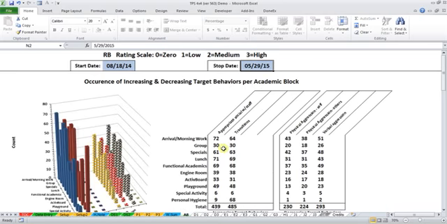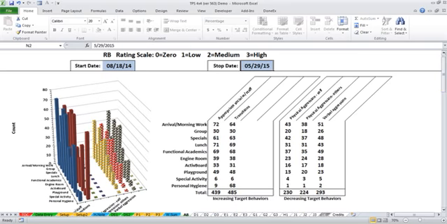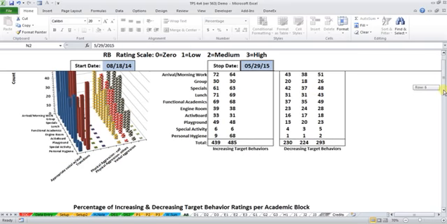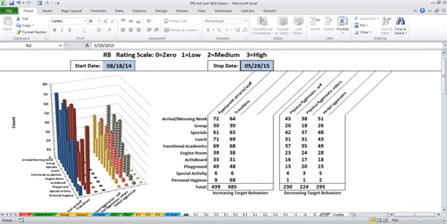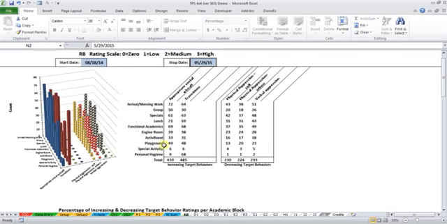And that style is a tabular style with the graphic 3D presentation, which I really do like because it's so colorful and pretty. I'm trying to balance it there. Let's make it just a little bit smaller. Too small to read clearly, but these are the increasing behaviors right here, and these are the decreasing behaviors, and here are the academic blocks. And of course the count is what will be shown in this graph.